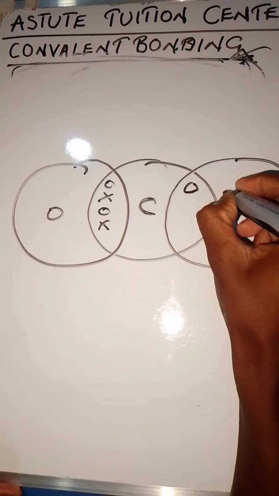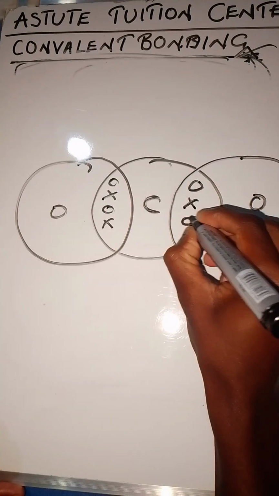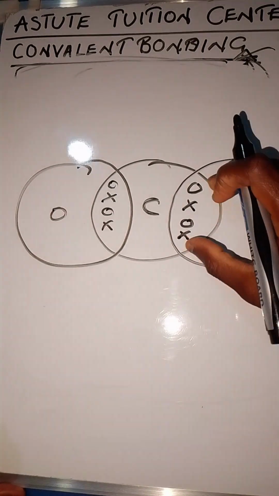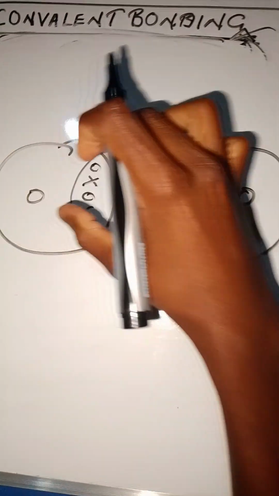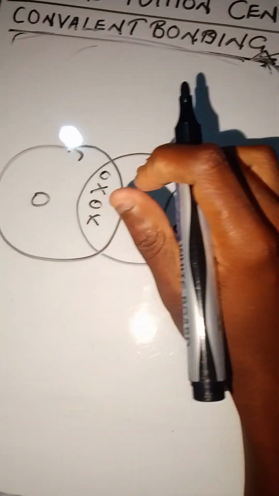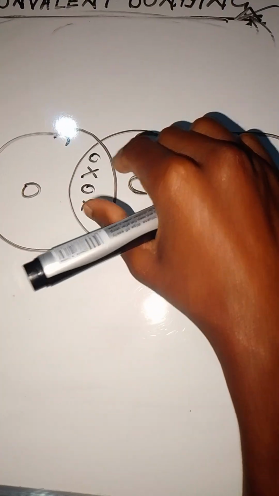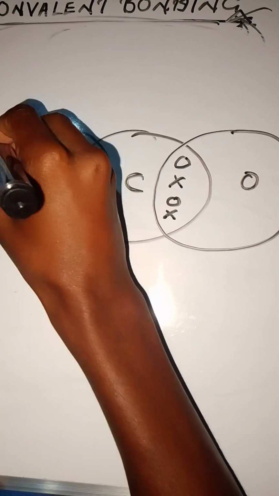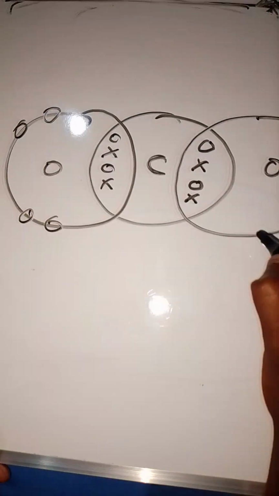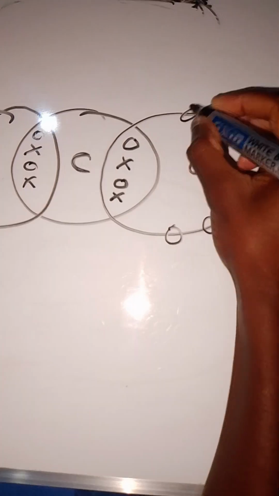Then this other oxygen will give 2 as well. Since oxygen has 6 outermost electrons and has given 2, it remains with 4. So 1, 2, 3, 4. Even this one, 1, 2, 3, 4.